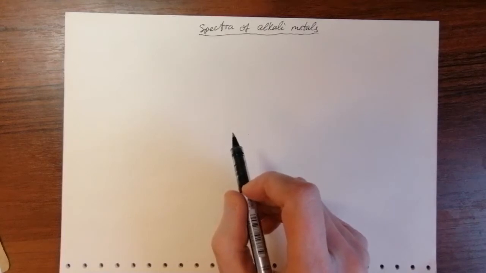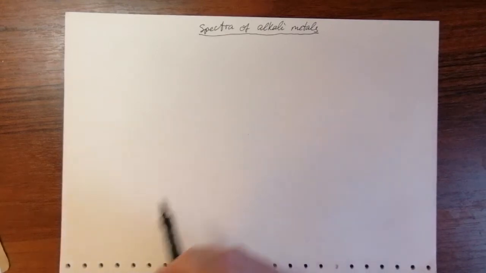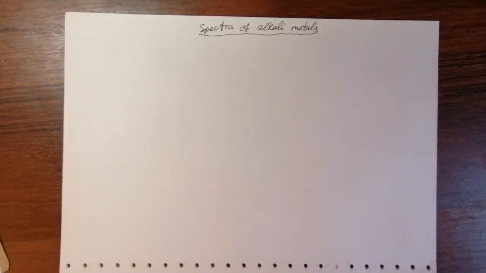Sharp, as I already explained, is because it is sharp, diffuse because it is diffuse, and principal is called so because it is observed both in emission and in absorption. And fundamental was called fundamental because of its similarity to the corresponding lines of hydrogen.